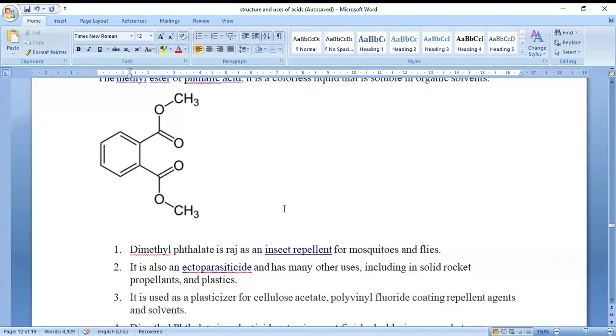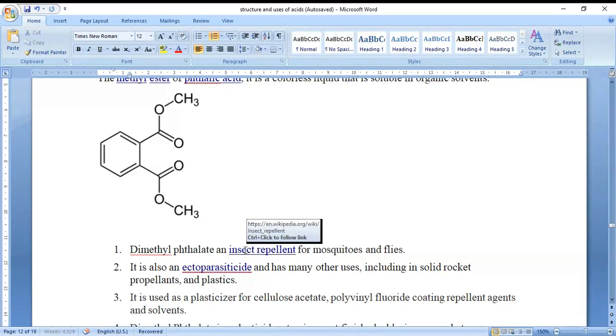Dimethyl phthalate is used as an insect repellent for mosquitoes and flies, and it is also an ectoparasiticide. Ecto means outside, endo means inner side, so ectoparasites are parasites living outside the body, which can be attacked with the help of this dimethyl phthalate. It has many other uses, including in solid rocket propellants and plastics.